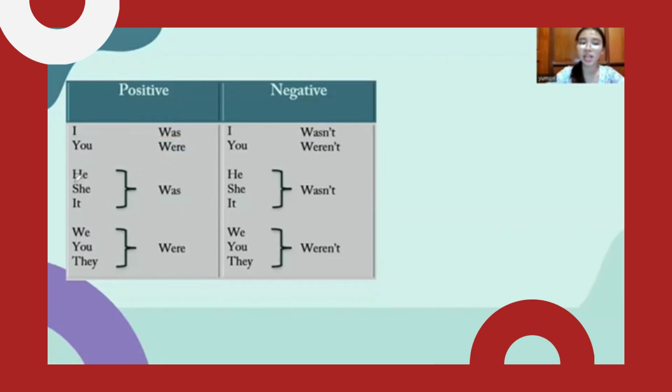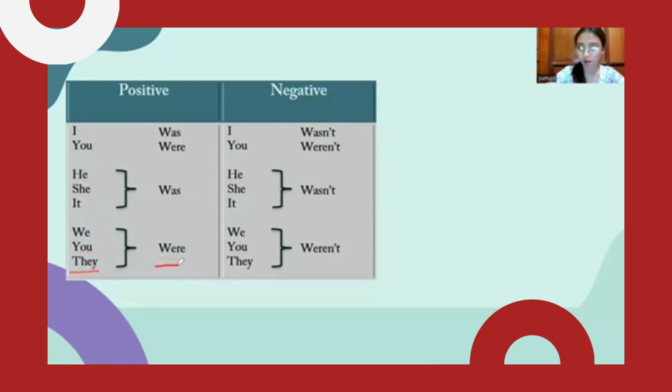And if the subject is he, she, or it, these are singular nouns, so we use was. He was, she was, it was. And if the subject is a plural noun, such as we, you, or they, we use were.